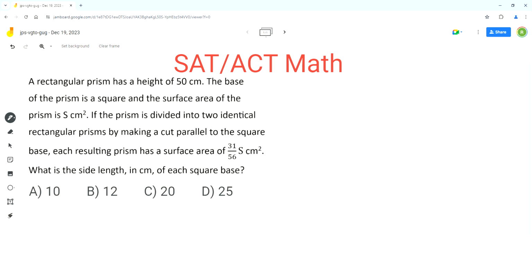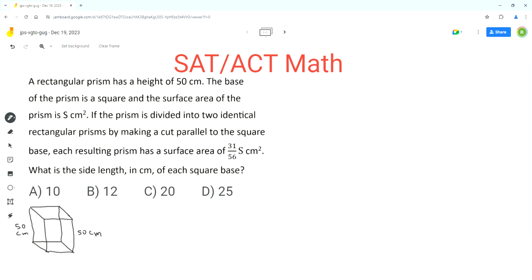The first step is to draw a rectangular prism. The height of this prism is 50 centimeters. This prism is divided into two identical rectangular prisms by making a cut parallel to the square base.